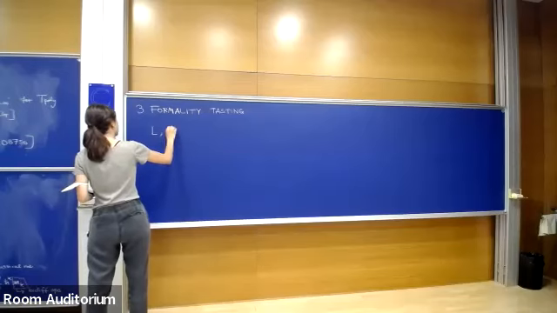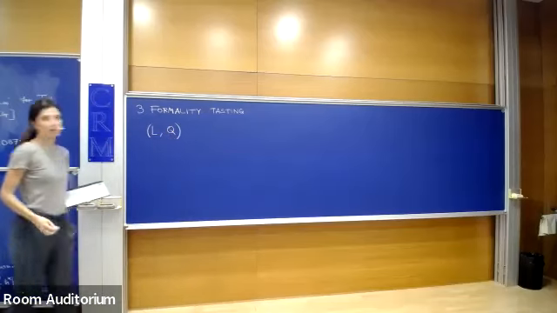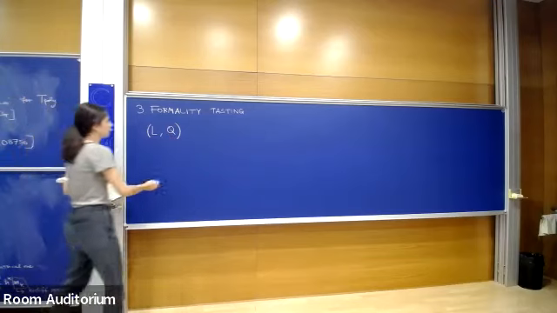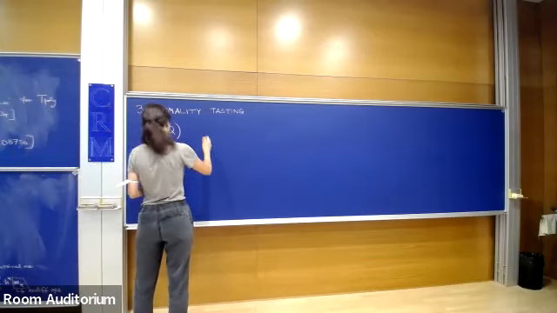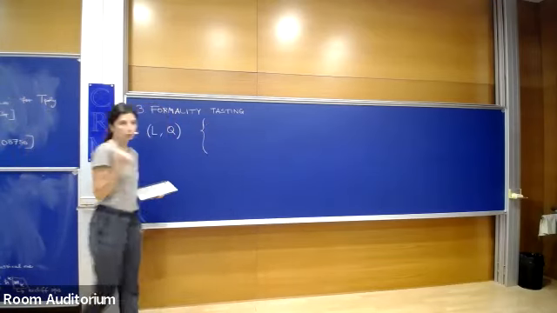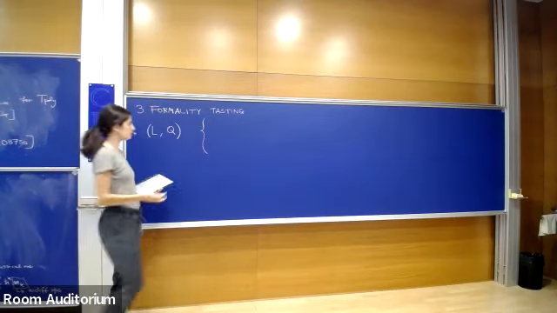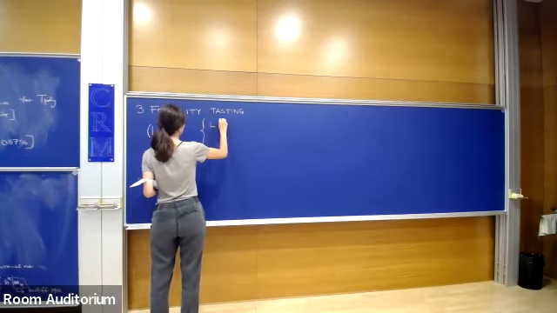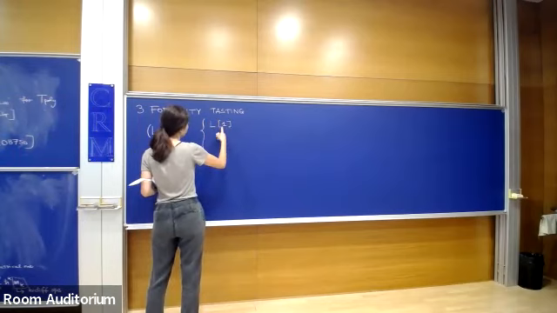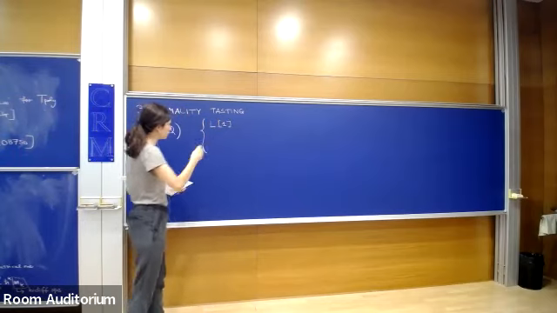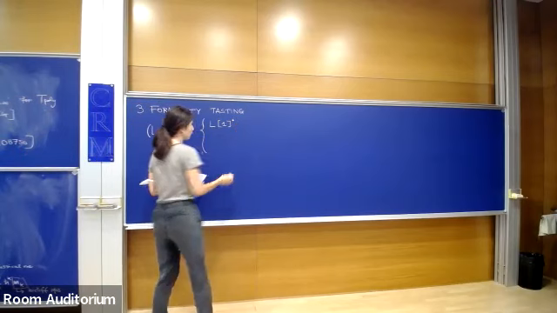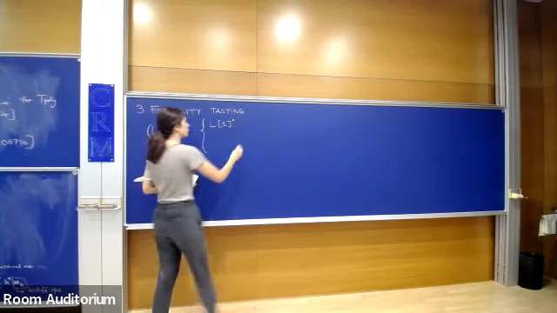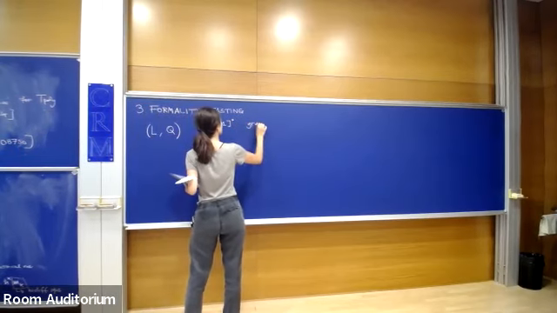So an L infinity algebra is a pair consisting essentially of a graded vector space L. You always have a shift by 1 because you have to make everything coherent, but okay, it's a graded vector space.